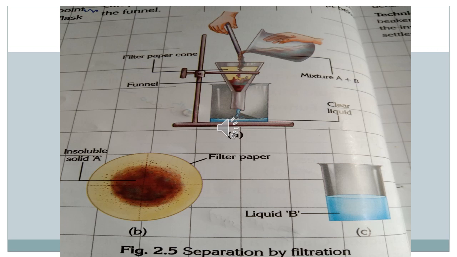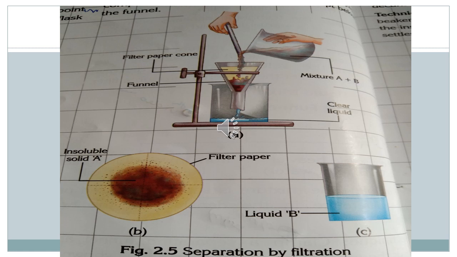Then when we use that, we can separate the tea or coffee, and what is insoluble is filtered out. Yes or no? So it is based on the principle that the insoluble solid is filtered out on the filter paper, leaving behind all the clear liquid.